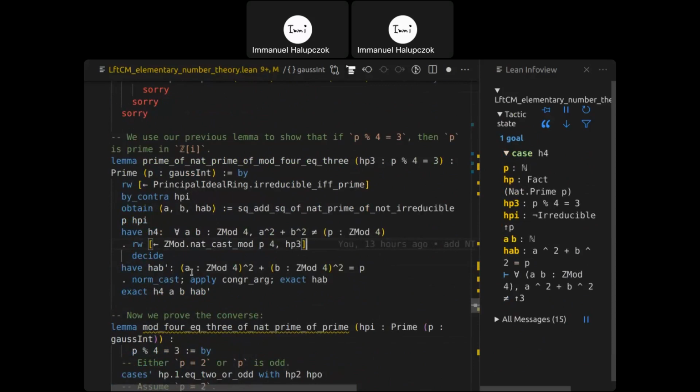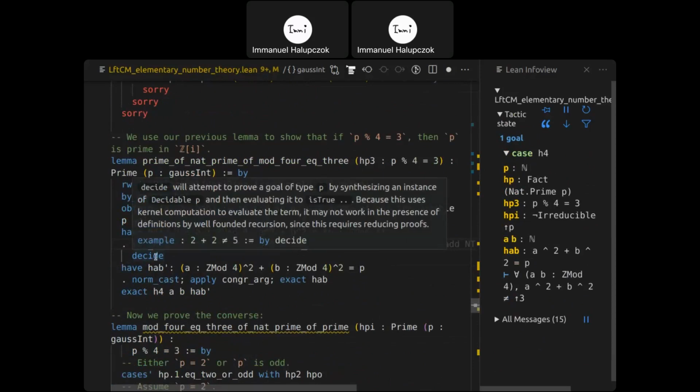When you have a decidable instance, you can try to use this tactic. In particular, when you are working with a situation where there are only finitely many things to check, sometimes this can do the work for you, or at least make some progress. So this is only checking some finitely many cases, so you can do it with the tactic.